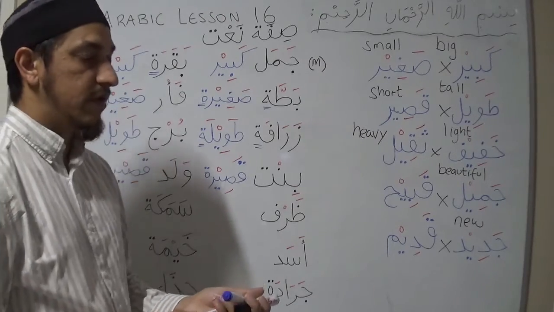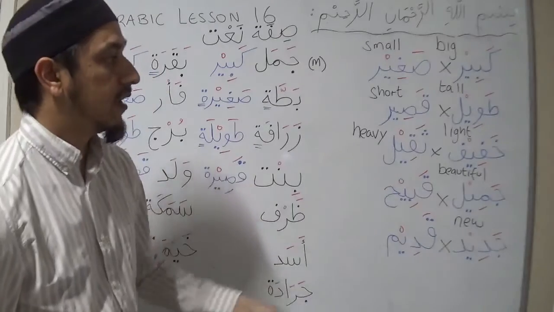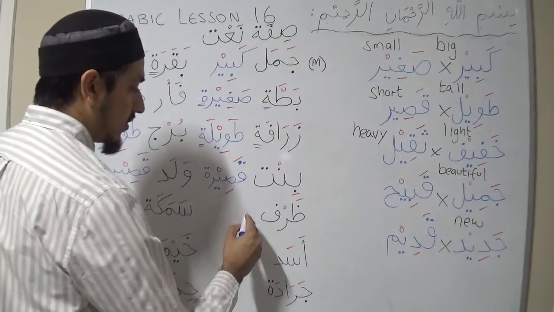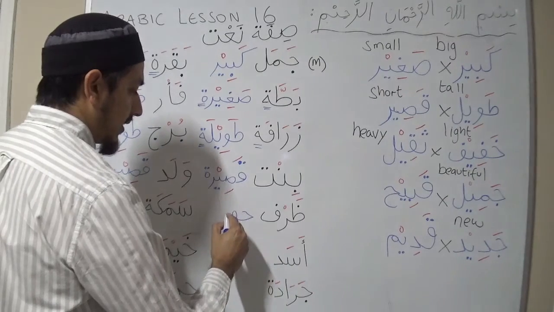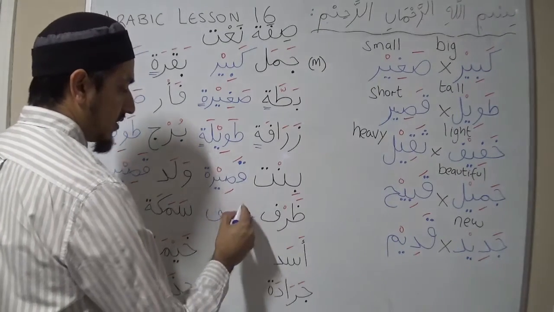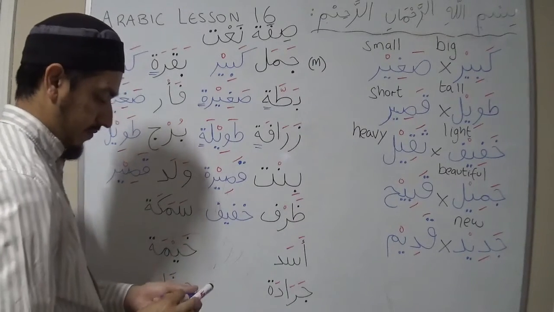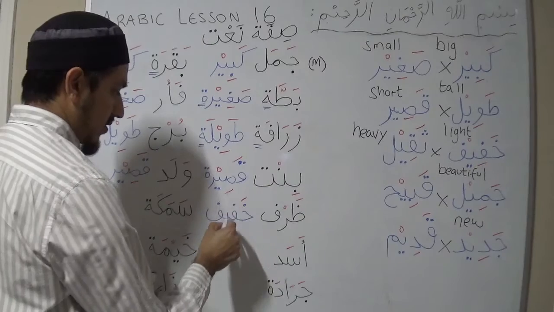ظرف, for ظرف I have خفيف. We have خفيف there. So envelope, light envelope. Not heavy, light. خفيف, it's masculine, this is going to remain masculine. ظرف خفيف.